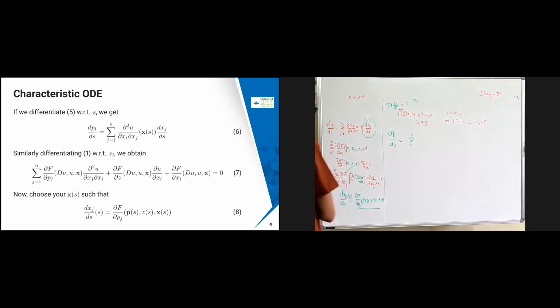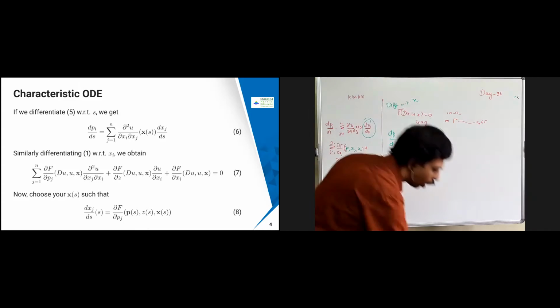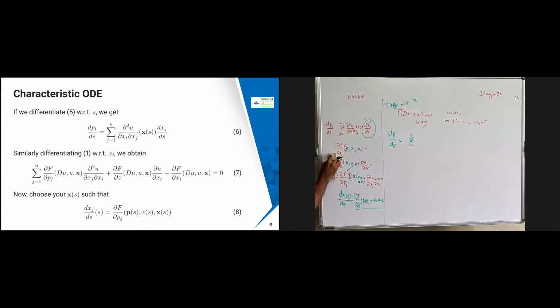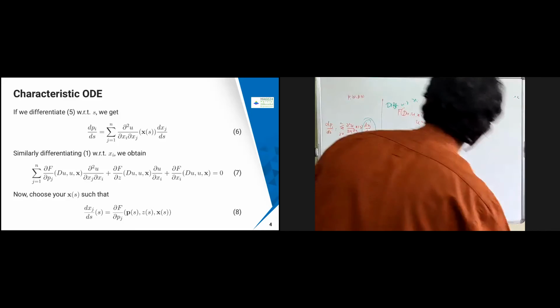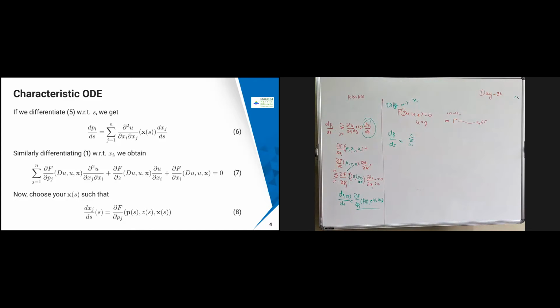Therefore, I don't require summation here because I'm differentiating with respect to xi only. Therefore, no summation is required. So there's a mistake here: there is no summation.